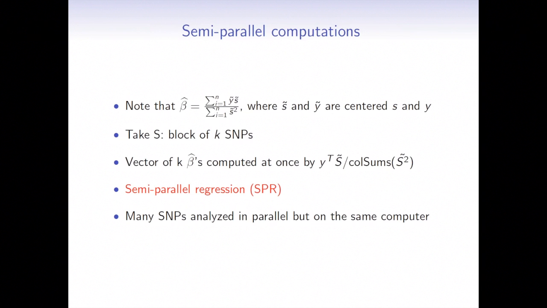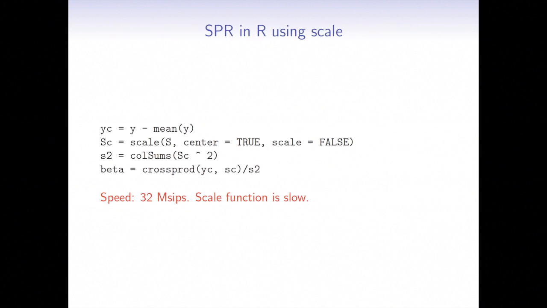And that's what we call semi-parallel regression. So we also get many betas in parallel, but on the same computer using the same R session. So that is the idea, and now we have to see how it works in R.